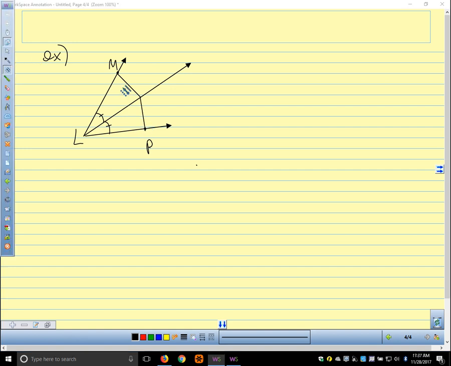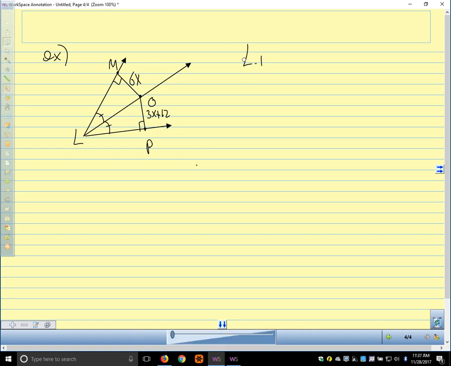And we're going to say those are 90-degree angles. And we're going to say this segment is 6x, and this is 3x plus 12. Well, what the problem wants us to do is find OP.